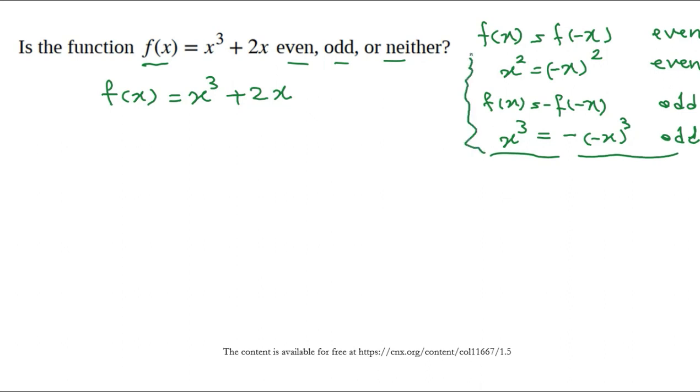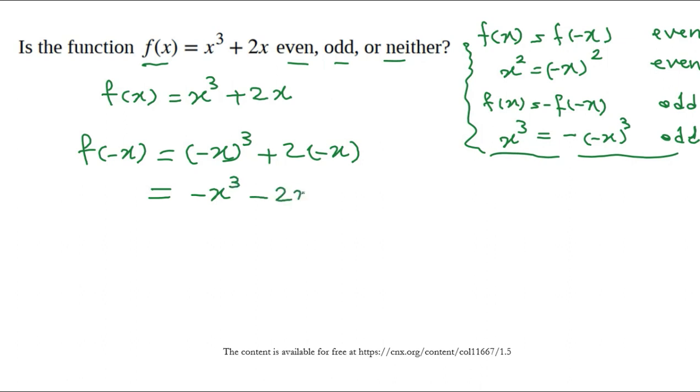So the step 1 is finding f of negative x is equal to negative x to the third plus 2 times negative x, and that's equal to negative x to the third minus 2x, factoring a negative, x to the third plus 2x. So this is f of x.